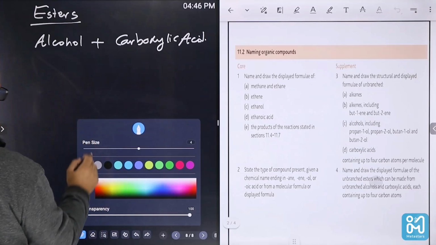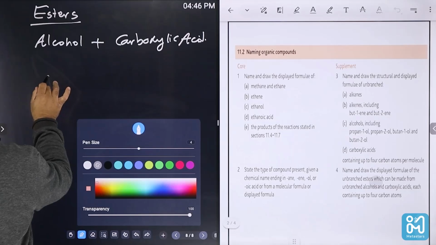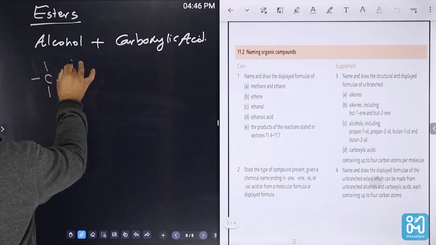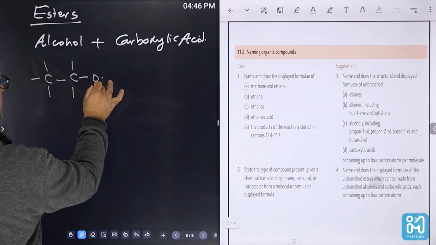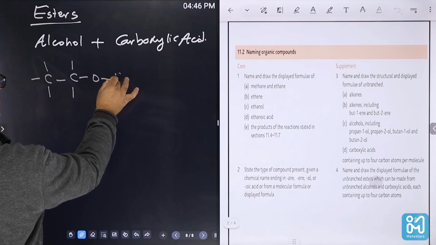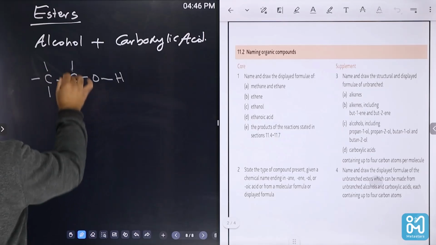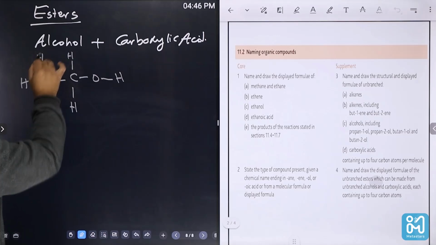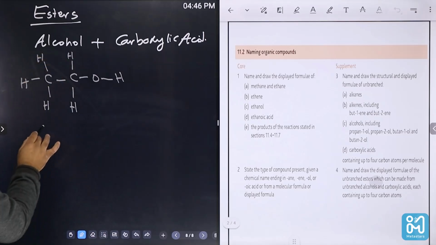If you have, for example, 1, 2, and we have an alcoholic group, that's what's named ethanol.